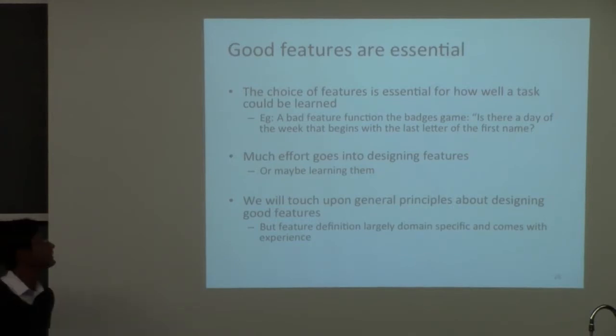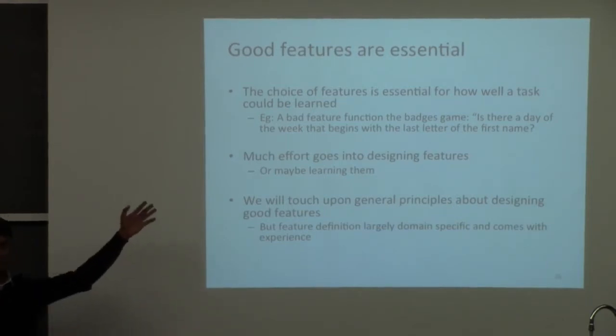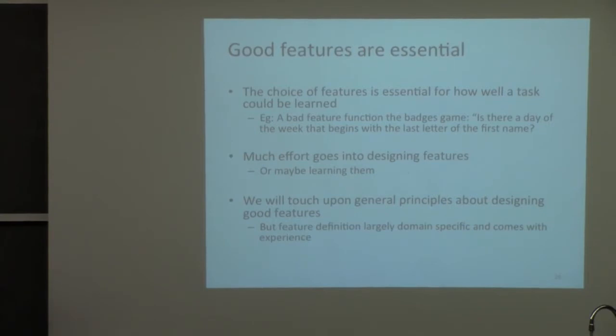An example here, kind of a silly example, for the badges game: is there a day of the week that begins with the first letter of the first name? How do you know that's not relevant? I'm guessing none of you considered that function. But I don't know why.